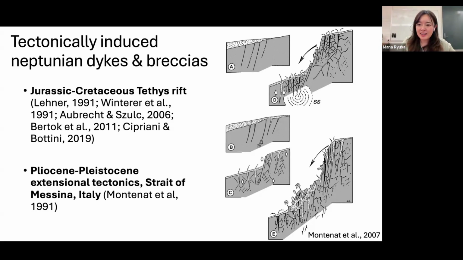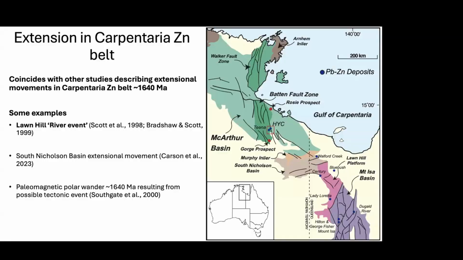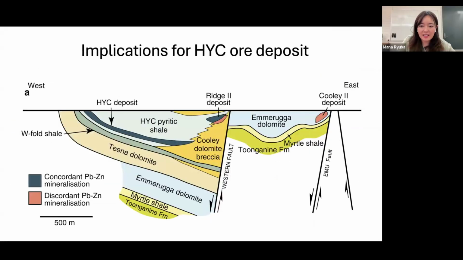But we're dispelling that idea for HYC, saying that those Cooley breccias aren't just coming off this single fault. And if they are the Teena breccias, then those Teena breccias are everywhere. So what does that say for this being where we get the mineralizing fluids coming out of? I think that's important to point out.